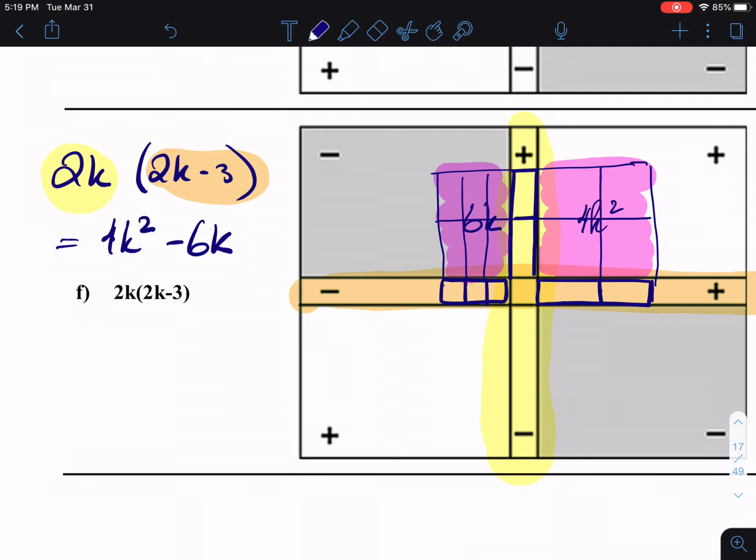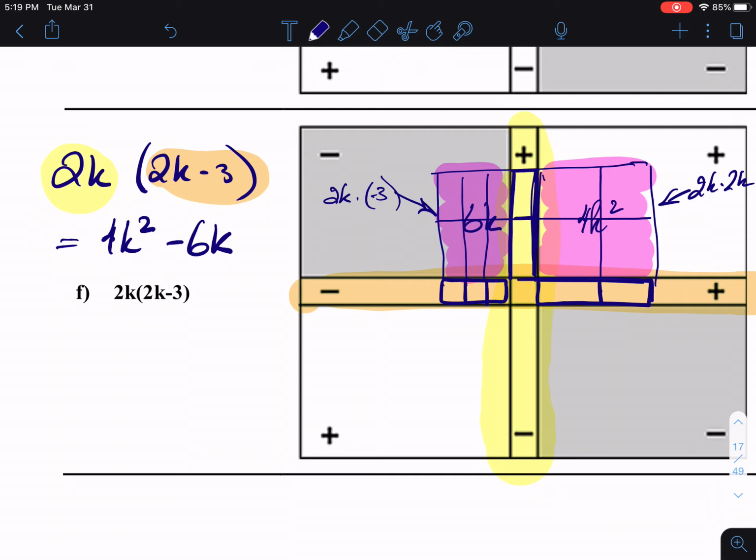Now you can see visually that it makes sense that those are the 2 areas. The one on the right comes from the 2k times the 2k, right? And this area came from the 2k times -3.